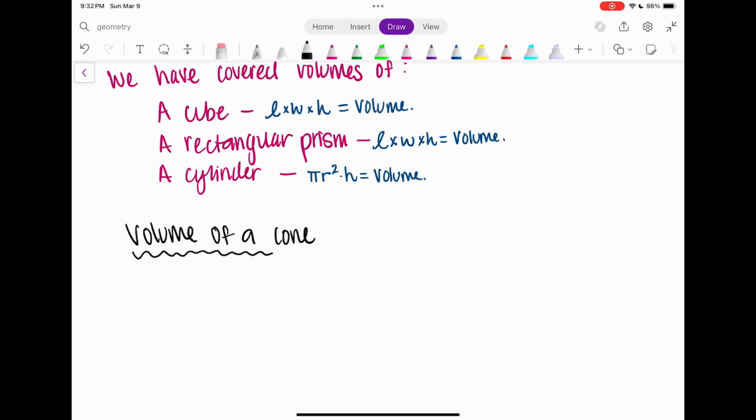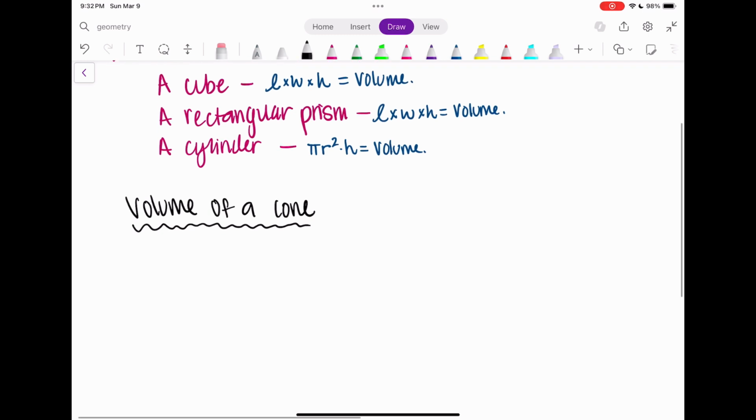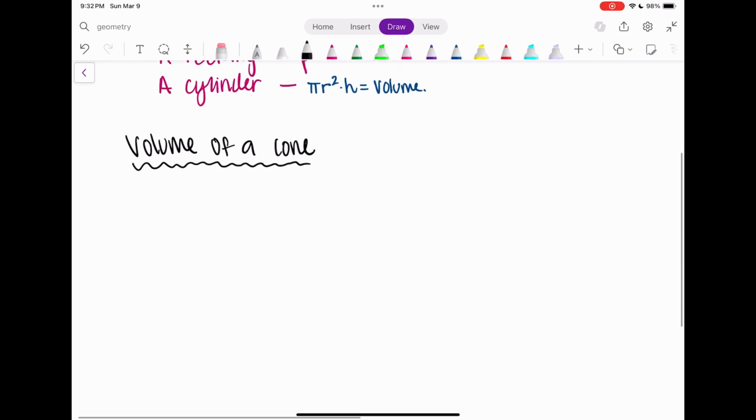And to start off, we're actually going to draw a cone. Doesn't have to be perfect, but I'm going to start by drawing a triangle and then connecting the bottom with an arc. Again, it does not have to be perfect, but you can pause the video so you guys can take your time and draw your drawing.